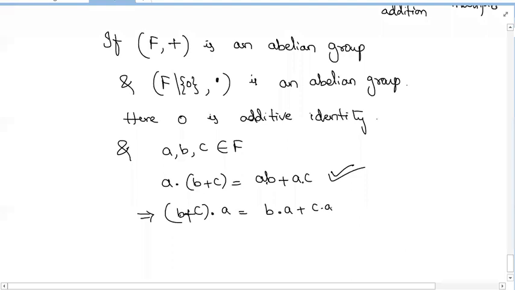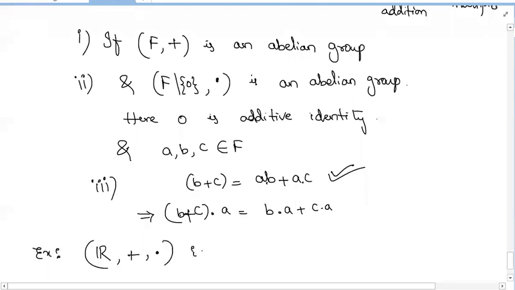So if you have a non-empty set satisfying these three properties, 1, 2, and 3, we call it a field. Can you give me one example? Examples are the set of all real numbers with the usual addition and usual multiplication. It's a field.